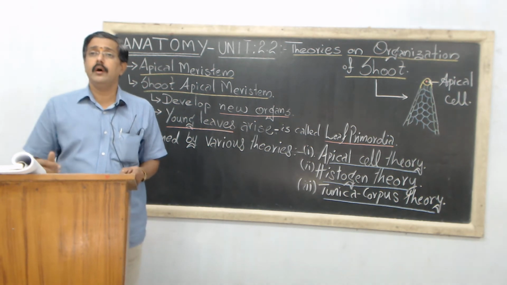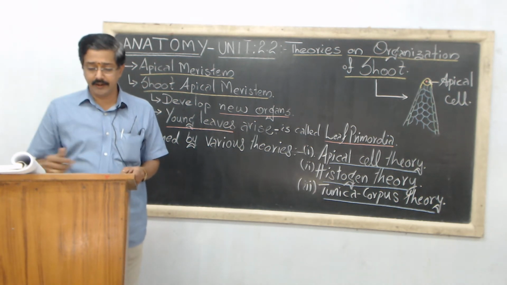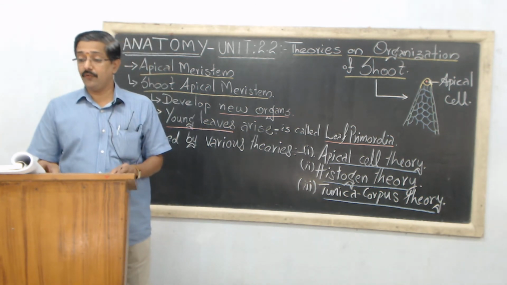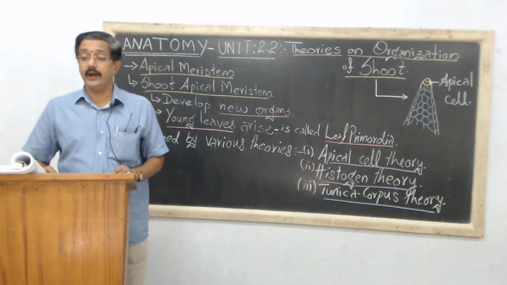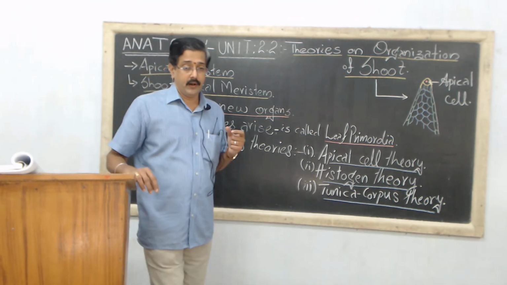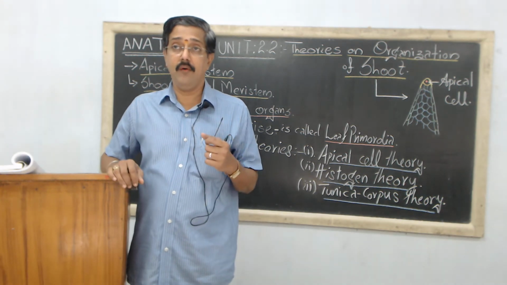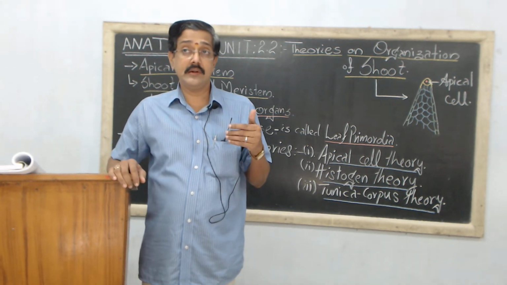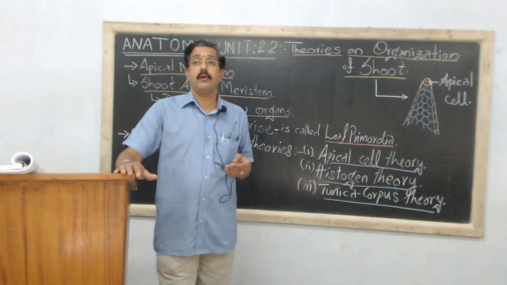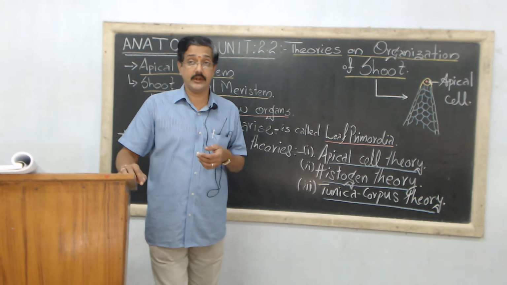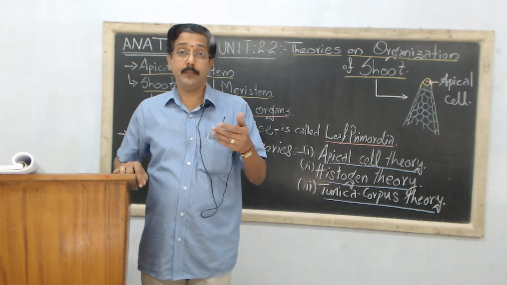All are concerned with these theories. In the classification of meristem, we heard about apical meristem, and there it indicates that the differentiation of shoot, epidermal system, cortical system and the vascular system is differentiated from the meristematic tissue.